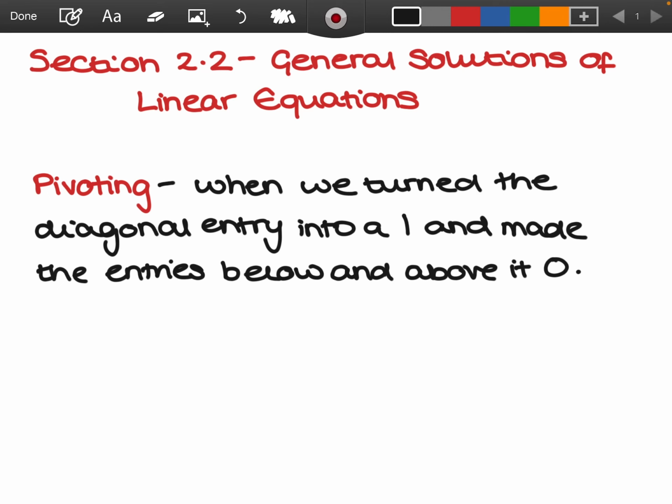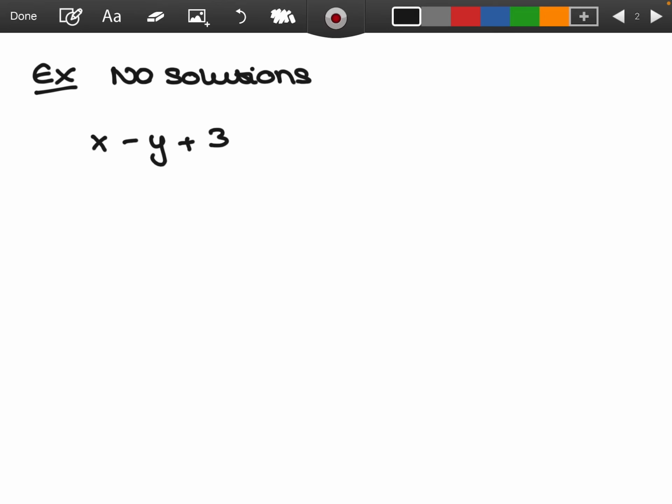I'm going to go through an example to show you what these look like, because that really helps when we are doing this. This first example is going to be a system that has no solutions. I'll tell you that now, and we can go ahead and look at it.